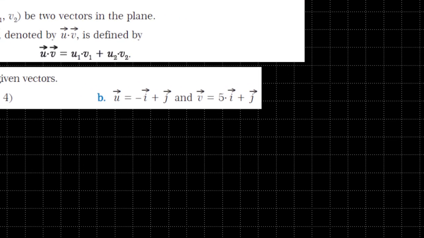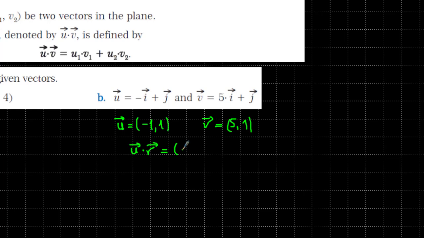If we continue with the other example, here it is given in standard vector form, so I can rewrite the vectors as u equal to minus 1 and 1, and v vector equal to 5 and 1. Then it is easy to multiply. Without converting I can also multiply, but I prefer to convert first to coordinate form, then multiply.